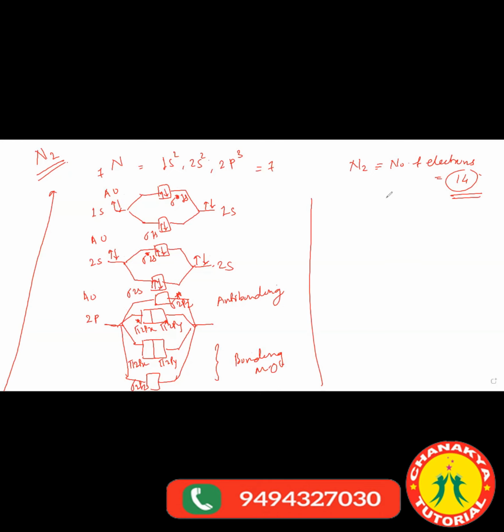Now remaining, how many? 3 electrons in the p, and here also 3. So 3 and 3, that is 6. So they will go over here first, 1, 2, 3, 4, 5, 6, because the bonding orbitals would be filled first and then it will go to the anti-bonding molecular orbital. Isn't it? Yes or no?